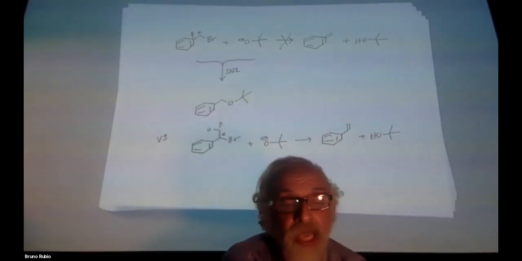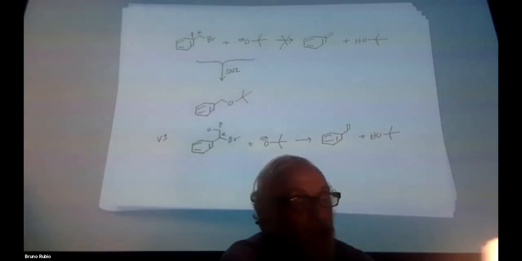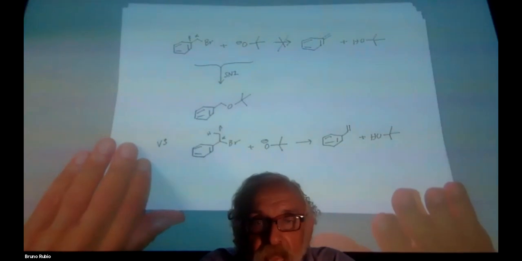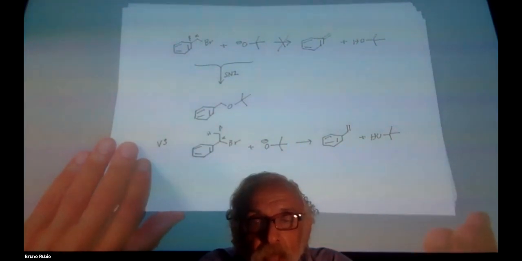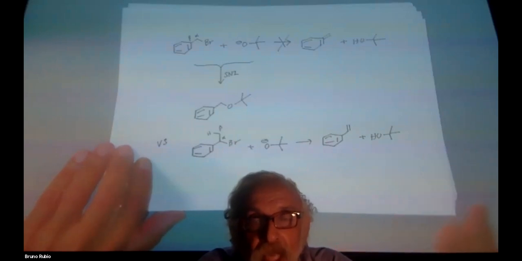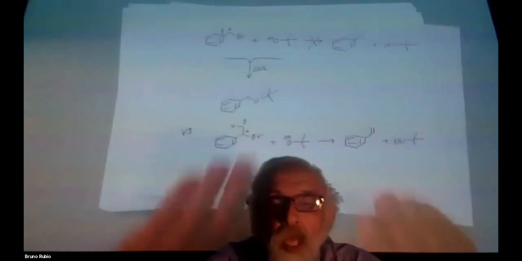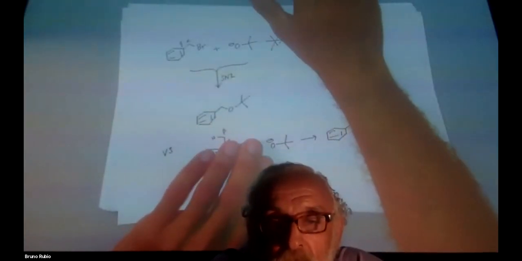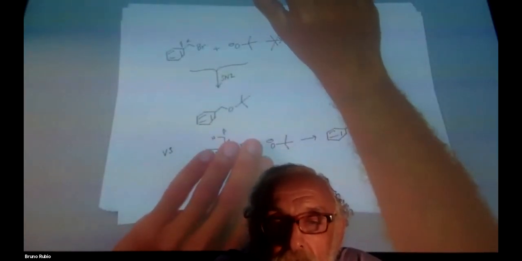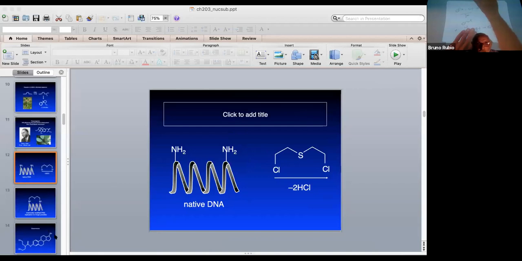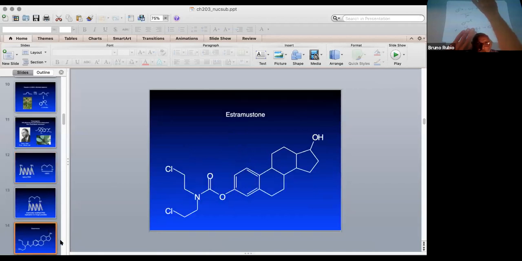You just can't be uncritically using that flow chart. You always have to remember that substitution is the enemy of elimination, and elimination will take over when substitution can't. All right, so let's do some problems where we're trying to predict what the heck is going to happen.